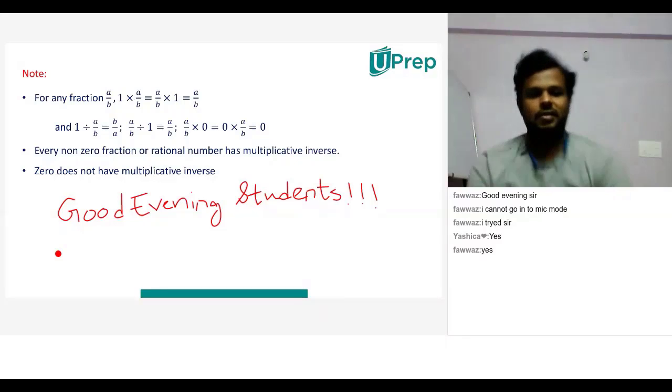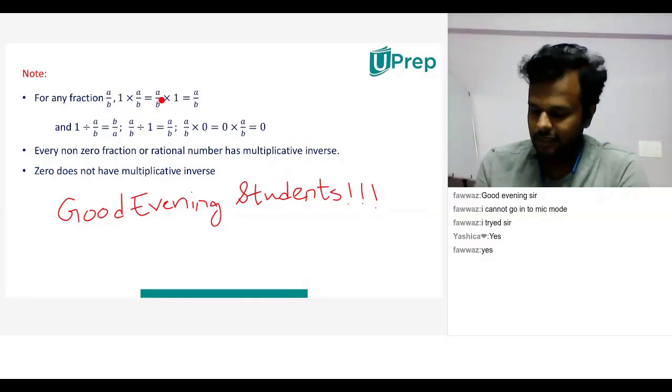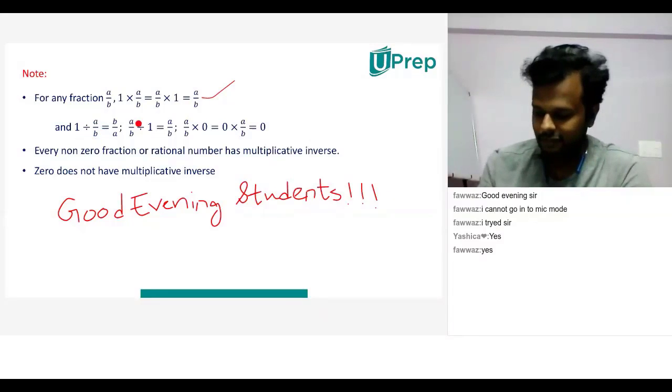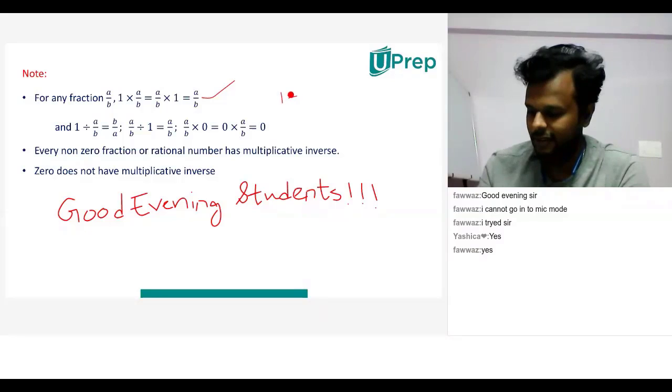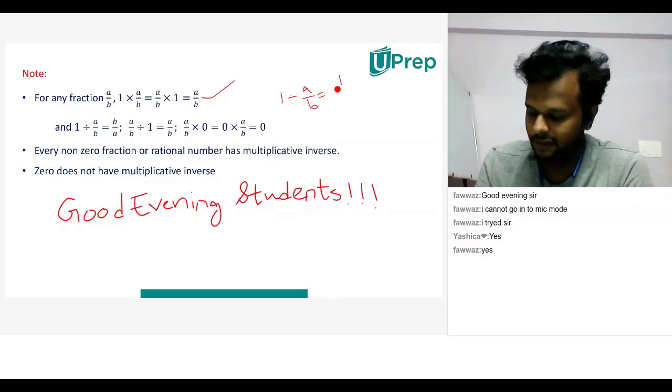So, children, this is what we have seen in the previous class. 1 into a by b is equal to a by b into 1, that is equal to a by b. And I was telling you, right? 1 divided by a by b. So this becomes nothing but 1 divided by a by b. When this goes in the numerator, children, this becomes 1 into b by a.